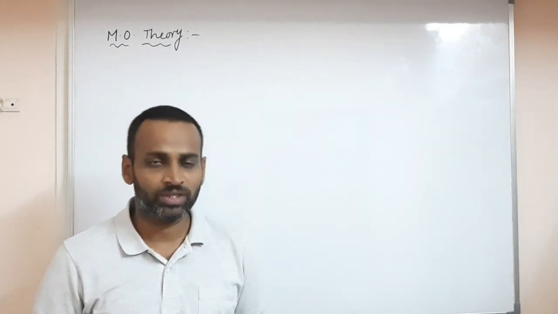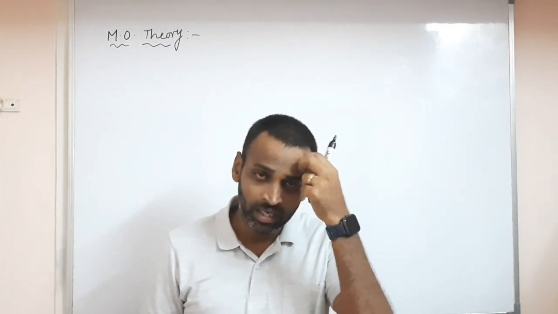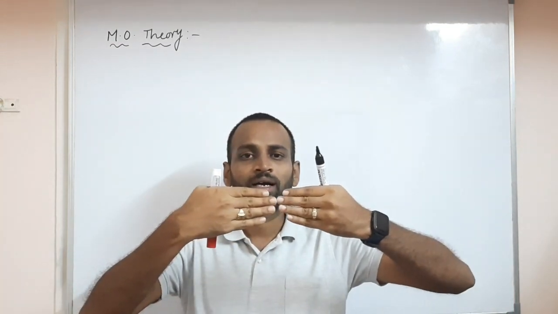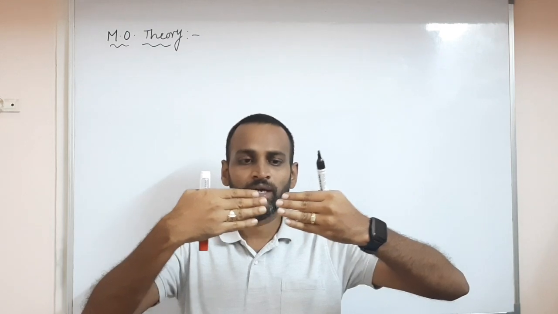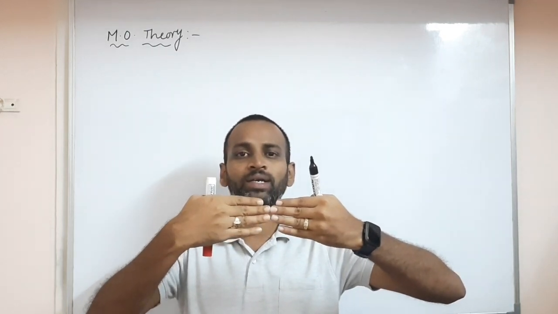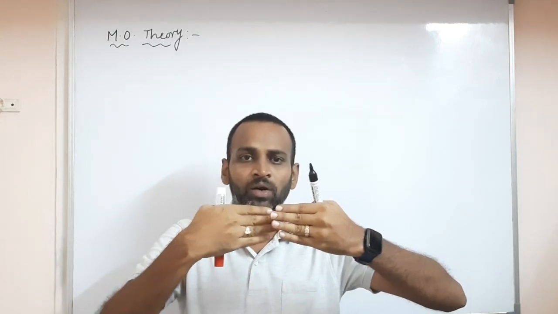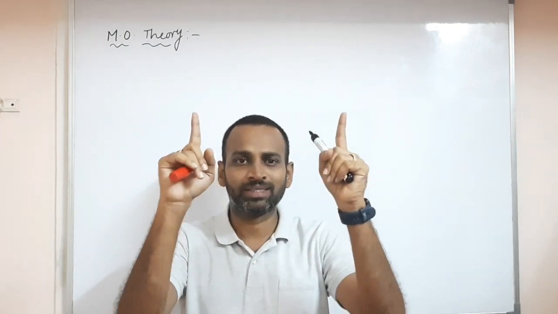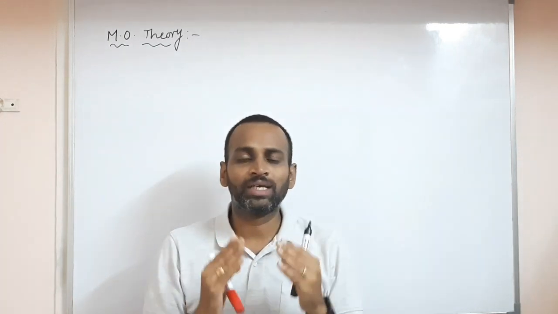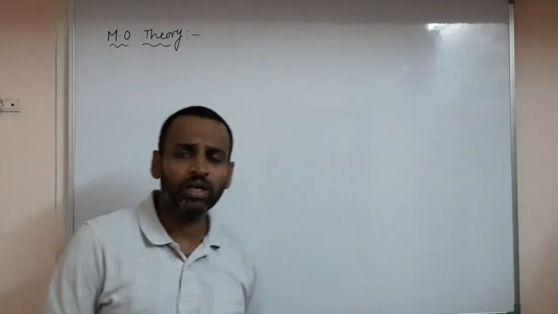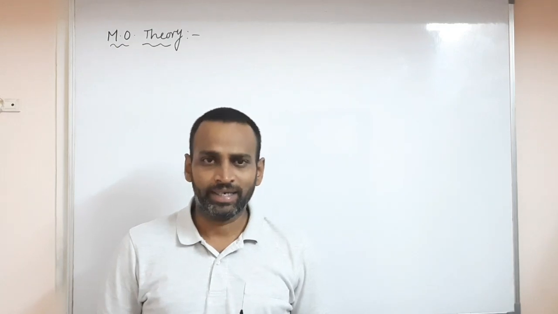Got it, everyone? Sigma bond, everybody knows. Two orbitals approach through the internuclear axis and form a sigma bond, with end on end overlapping. Pi bond means lateral overlapping like this. So that kind of bonding was explained in this molecular orbital theory.